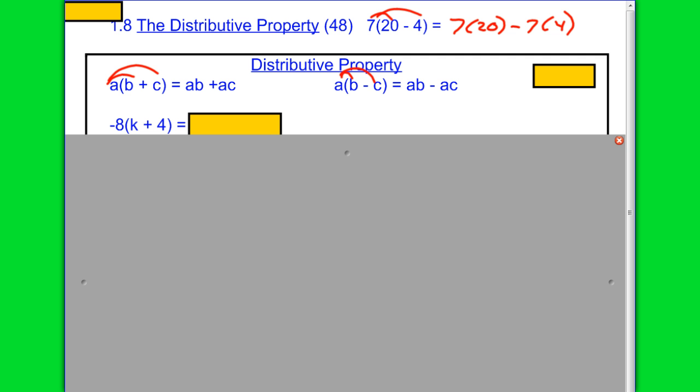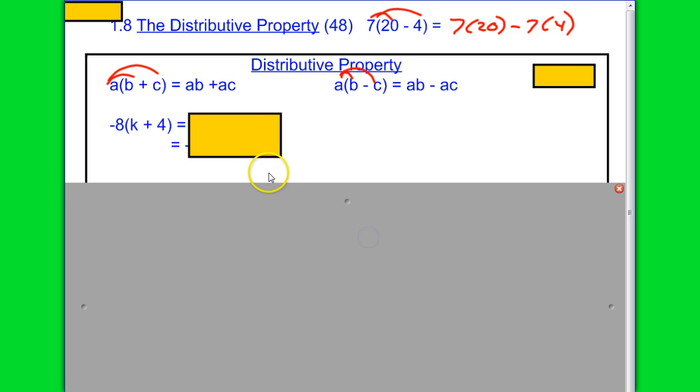So we can think of this in expanded form first. When we do, what are we multiplying -8 to here, Brianna? -8 times what? If it helps you to draw those little arches in, you can do it like we did here.